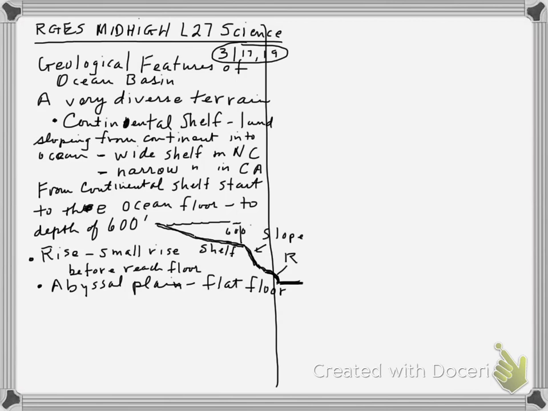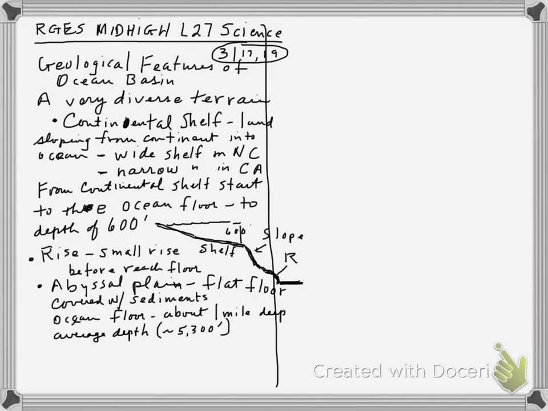Now this is about an average of 1 mile deep worldwide. So let me go ahead and I'll write that down for you. So as we go down onto the abyssal plain, we reach that flat floor. So go ahead and copy these notes down. It's a flat floor. It's covered with sediments.